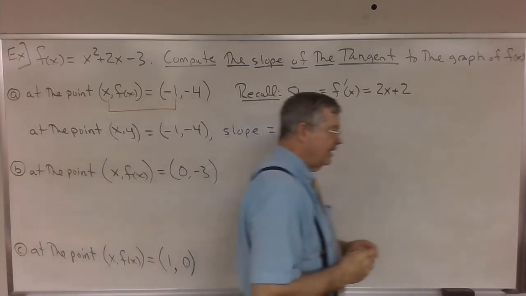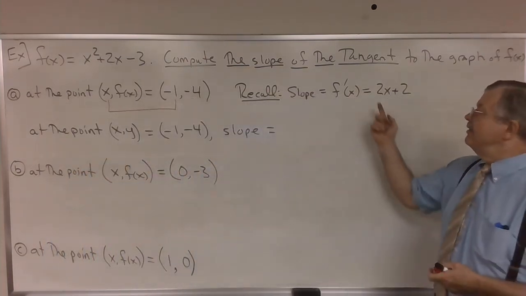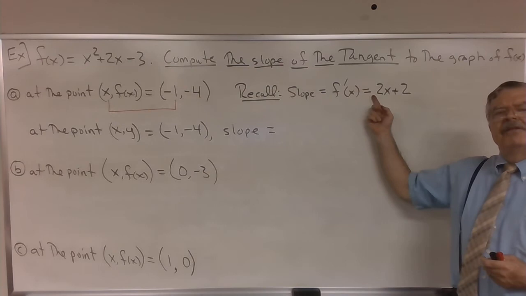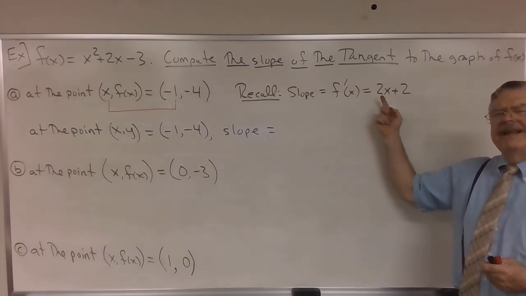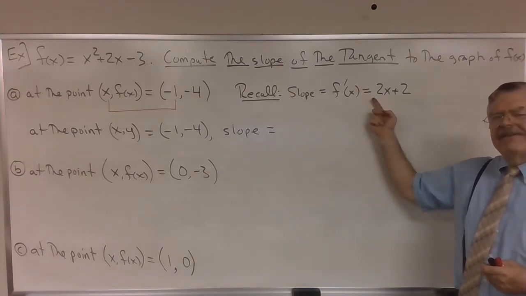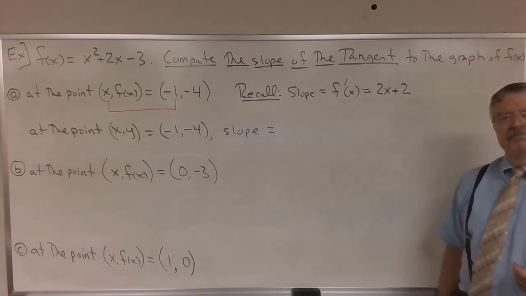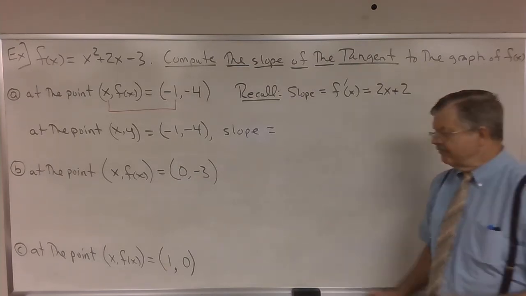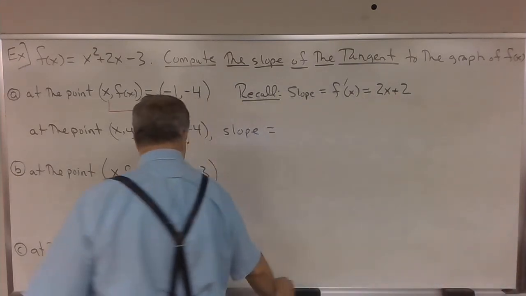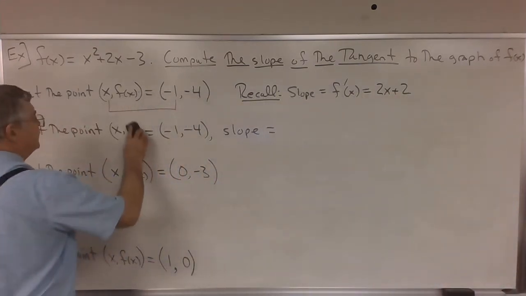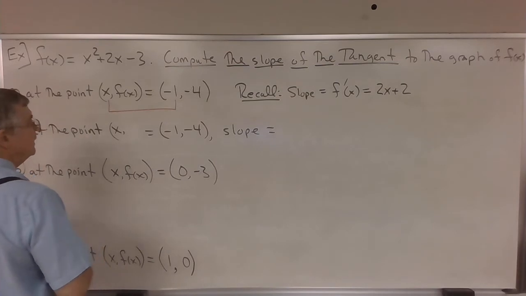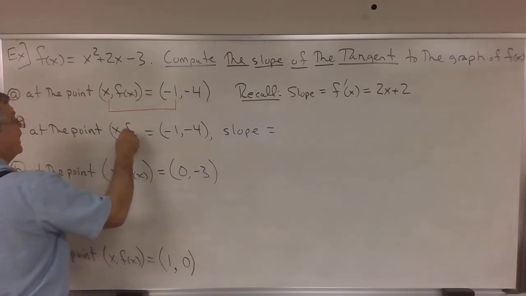This tells us the slope of the tangent at any point x, f of x on the graph of our function. And I put y here, but maybe just for consistency's sake, let me just continue to say f of x.